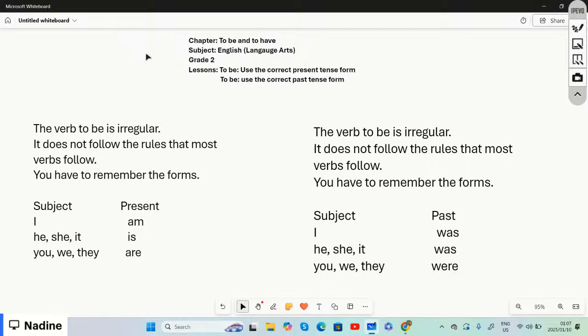And when it comes to our verb to be that is irregular, it means that you're just going to have to remember the form, whether it is in the present tense or in the past tense. So if we look at the verb to be in the present tense, remember the present tense shows that things are happening now.